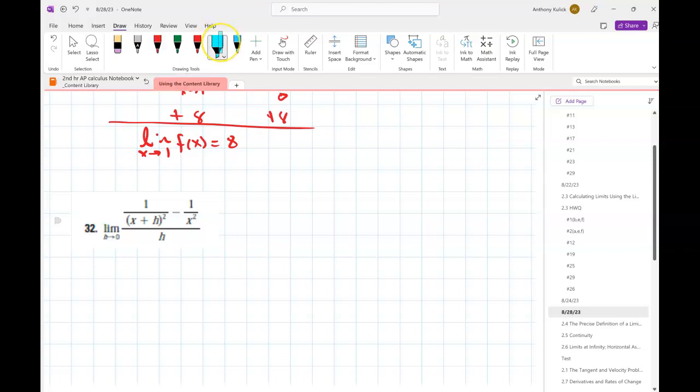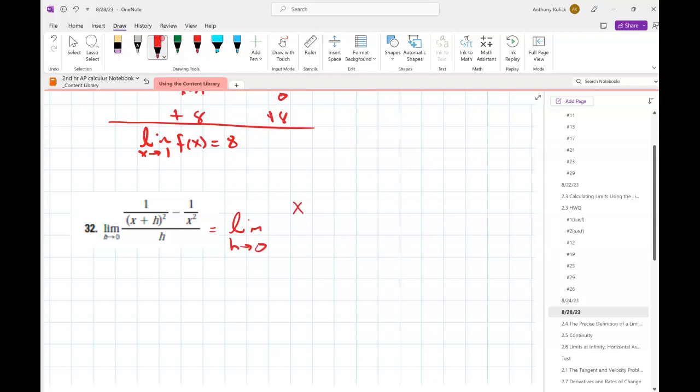So what I'm going to do is start by making a common denominator in the numerator between those two fractions. That common denominator looks like it's just going to be quantity x plus h squared times x squared. Do you buy that? Okay. So I'm going to write that common denominator all in one shot. Is that okay with you?